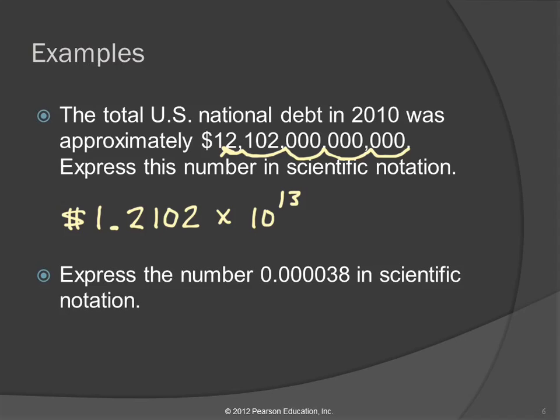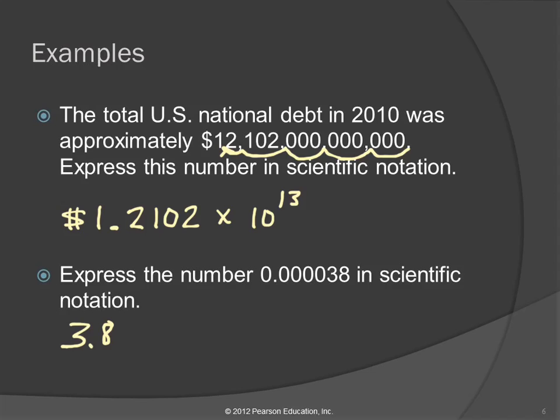Yes? The period after the first non-zero number is for both of them, whether it be negative or positive. Yep, the decimal point goes after the first non-zero digit. So this bottom one, express the number 0.000038 in scientific notation. So we're going to put the decimal after the 3. That's the first non-zero digit. And then there's an 8 after that.